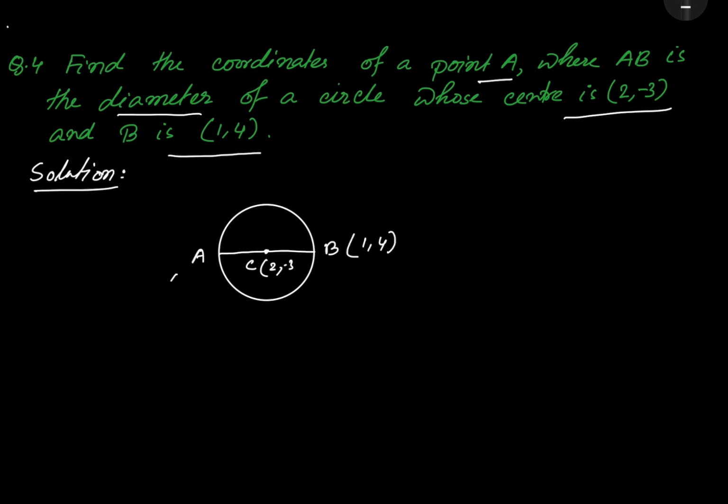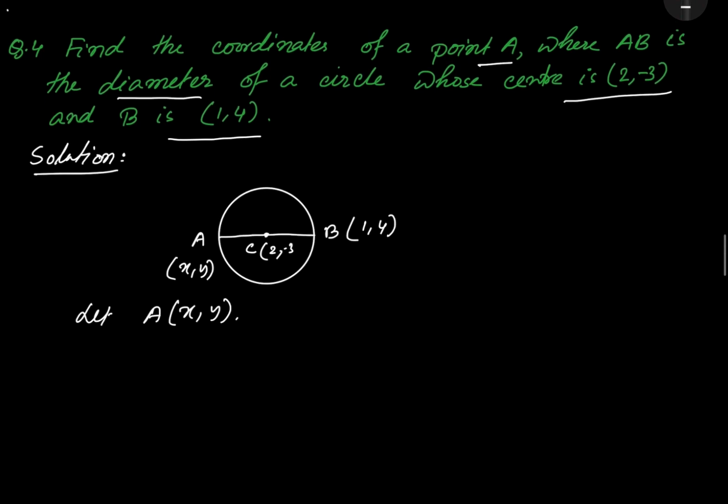Now I am taking A as (x, y), so write let A be (x, y). As we know, the center is the midpoint of A and B, so we can write therefore C is the midpoint of AB.